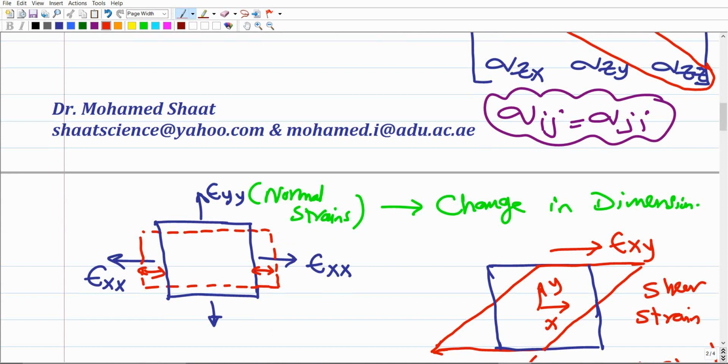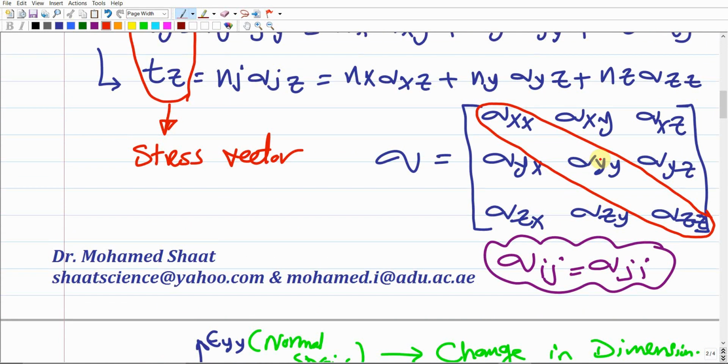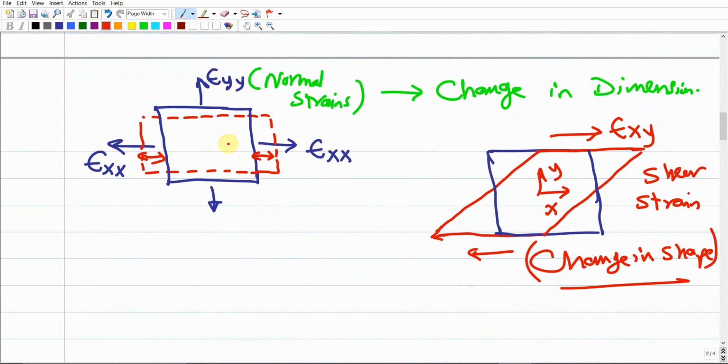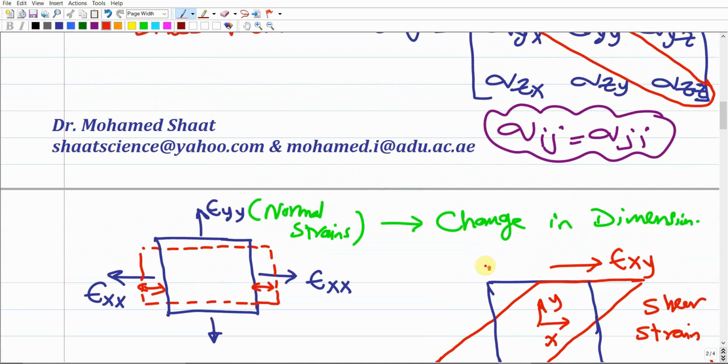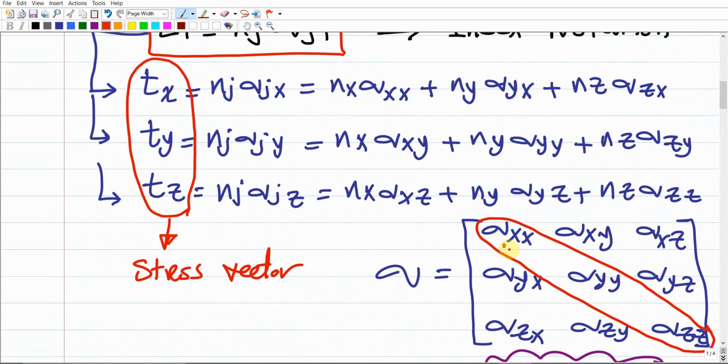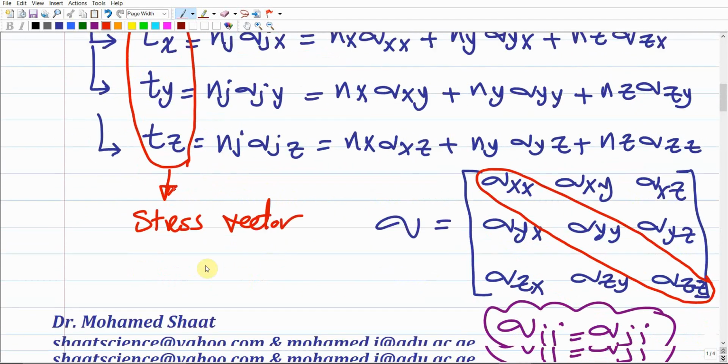The same for the off-diagonal components: we called them shear stresses, so they should have the same effect as the shear strain on a box like this one, or on the continuum. So let us investigate how these stresses could be related to the surface tractions.